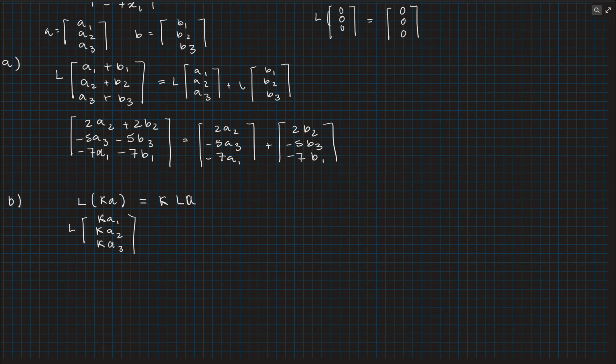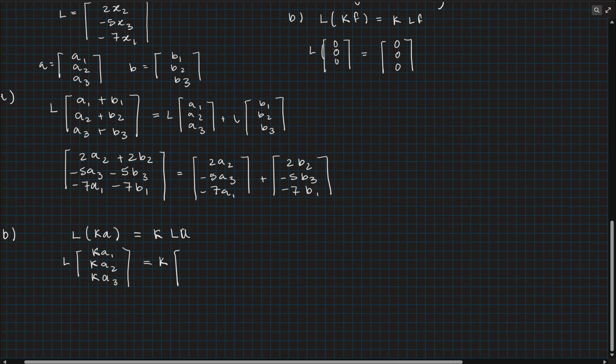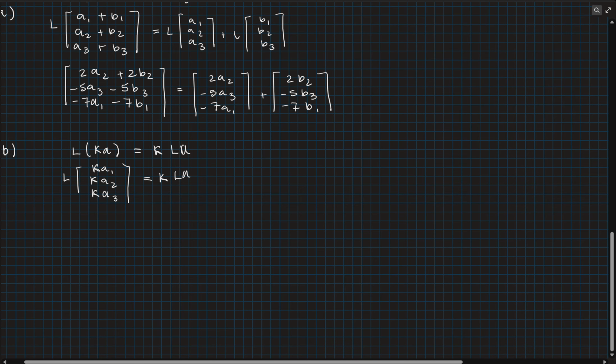What I did is I just applied k to our A vector, and if you multiply k and A, you get kA1, kA2, kA3. Is that equal to k times L of A? Because I haven't worked this out yet. So what is L applied to kA1, kA2, kA3?